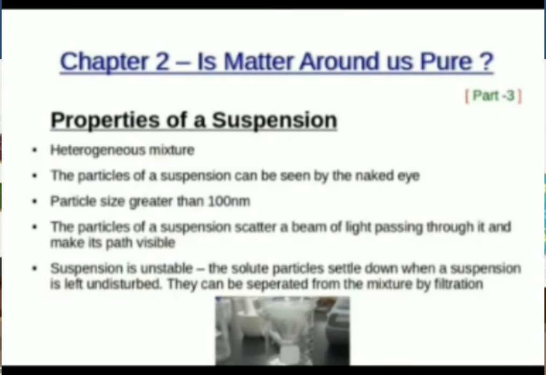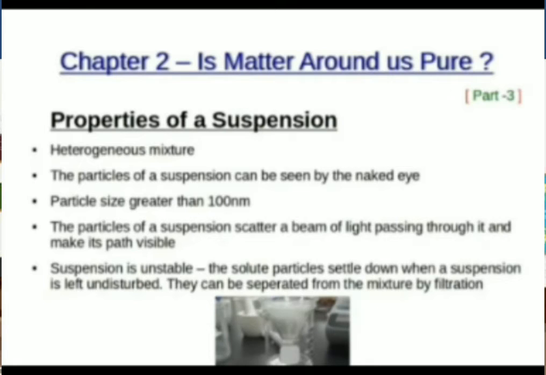Then the particles of a suspension scatter a beam of light passing through it and make its path visible. We can see the beam of light when passing through it. Then the suspension is unstable.